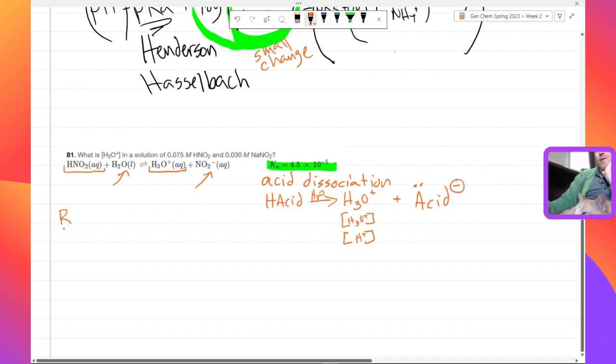So let's do a RICE table. Now, this might be an X is small situation. I'm not sure right now, but I'm going to just do it as if X isn't small. Now, one thing that's pretty convenient for acid-base stuff is it's basically always one-to-one stoichiometry. So that's going to make this convenient.